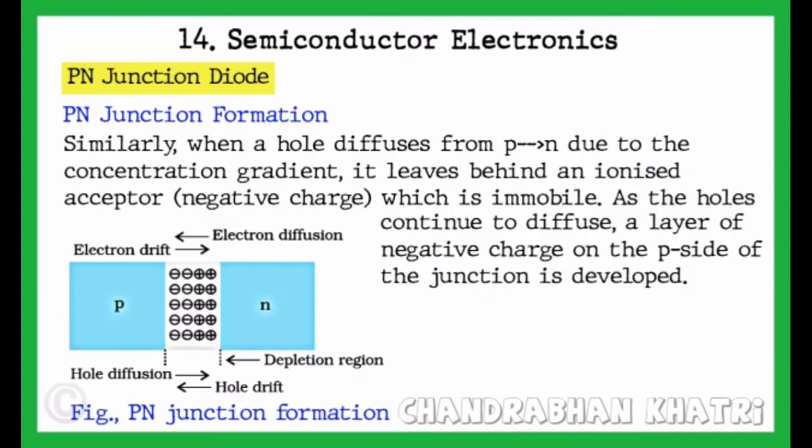Similarly, when a hole diffuses from P to N, due to the concentration gradient, it leaves behind an ionized acceptor, negative charge, which is immobile. As the holes continue to diffuse, a layer of negative charge on the P side of the junction is developed.